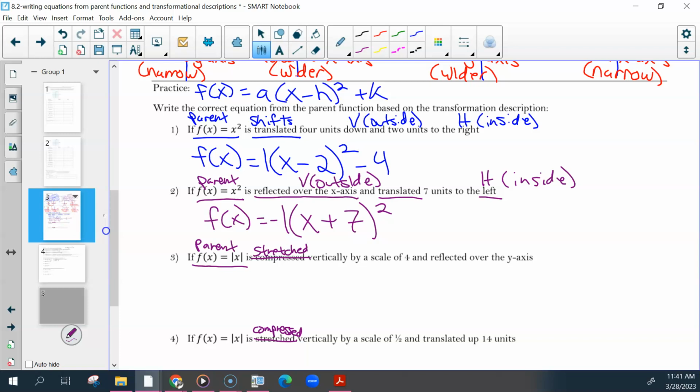So I'm going to rewrite our format with our new parent function in it. It'll really look the same, except it won't have the square, it'll have the absolute value bars. So as long as you know it looks very similar, it just doesn't have the square, you should be fine.